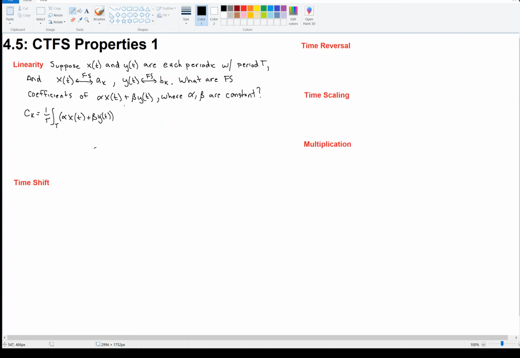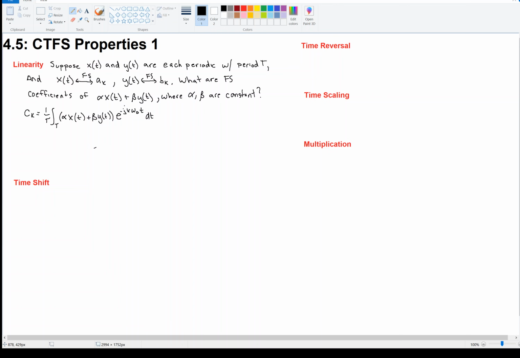So this is the signal in parentheses whose Fourier series I want to analyze. And I could put 2 pi over t here, or I could put omega 0 there. So for brevity, I'll put omega 0.